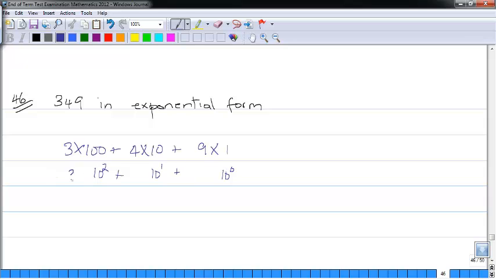So this is 3 times 10 squared, right? Plus 4 times 10 to the first, okay? Plus 9 times 10 to the 0 power. So this is what we're looking for in our answer. Do we have that there?